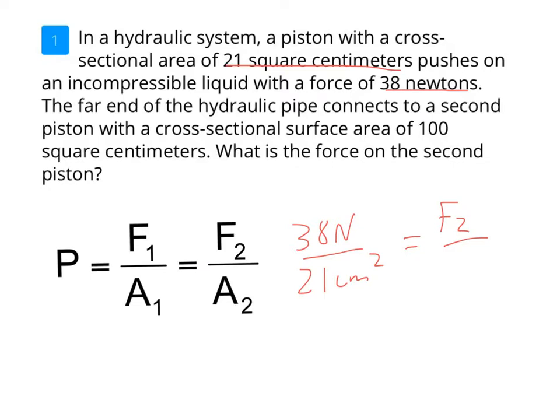And then our second area is 100 square centimeters. Now we've filled in our known information. We do simple algebra, solve for x, and we get our second force as being 181 newtons.